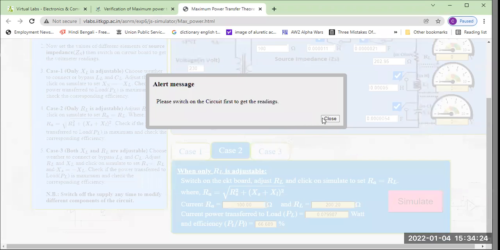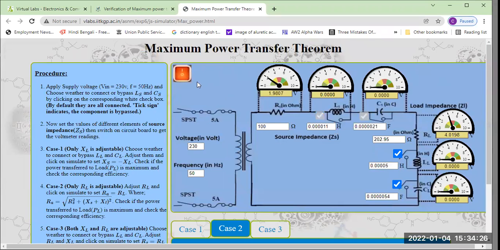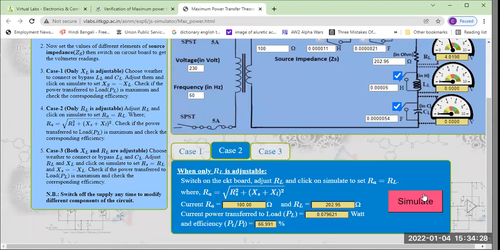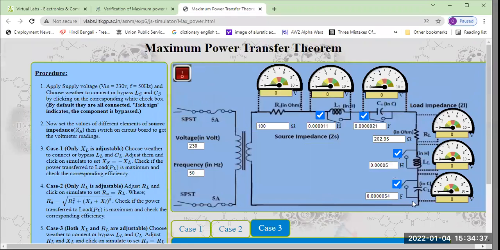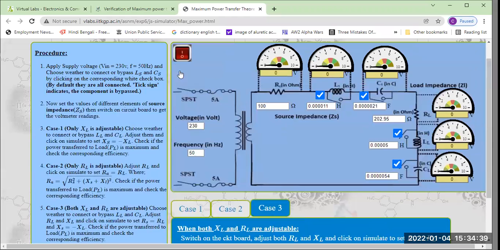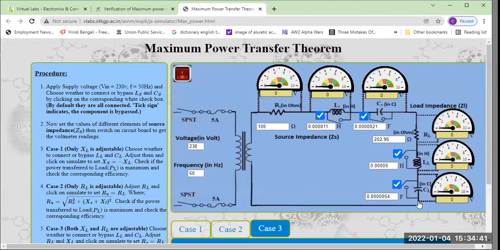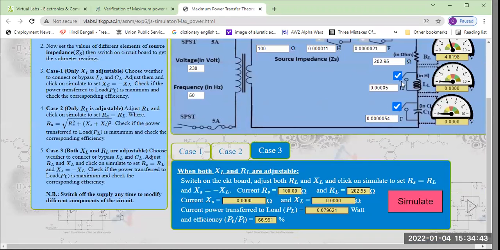You have to simulate. No, this is 66%. It is going to 66%. And if you go over here, we have to check. This is again 66%.